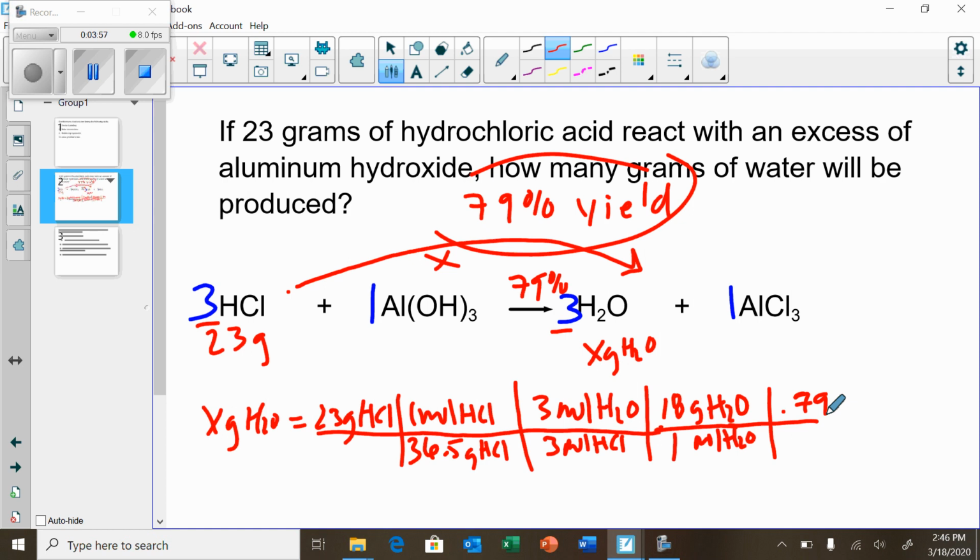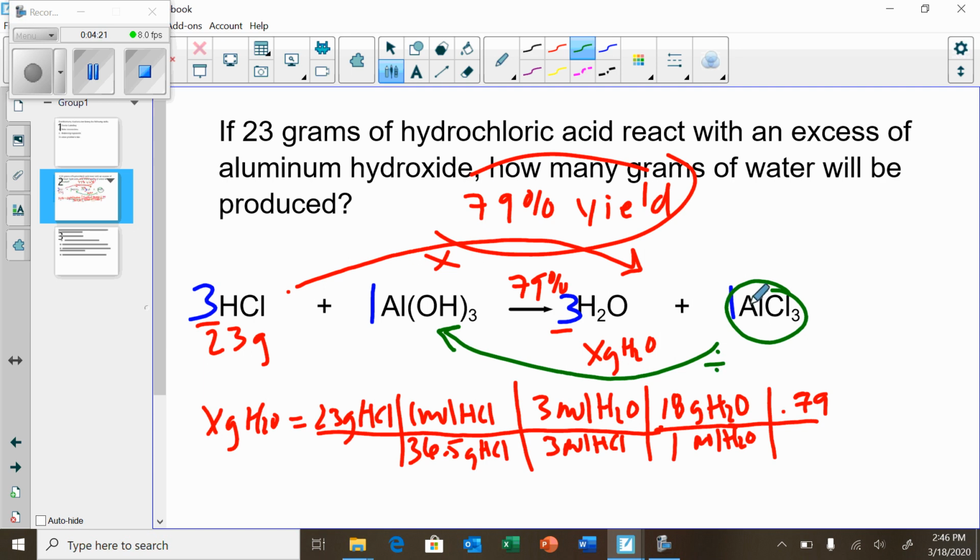Now, if in fact, I'll do this in another color, I was moving the other direction, right? So instead of knowing a reactant and trying to figure out a product, if I knew a product, let's say I knew this guy, and I was coming backwards to find this guy, then if I'm crossing the arrow going in the reverse direction, you guessed it, I'm going to divide by the percentage yield.